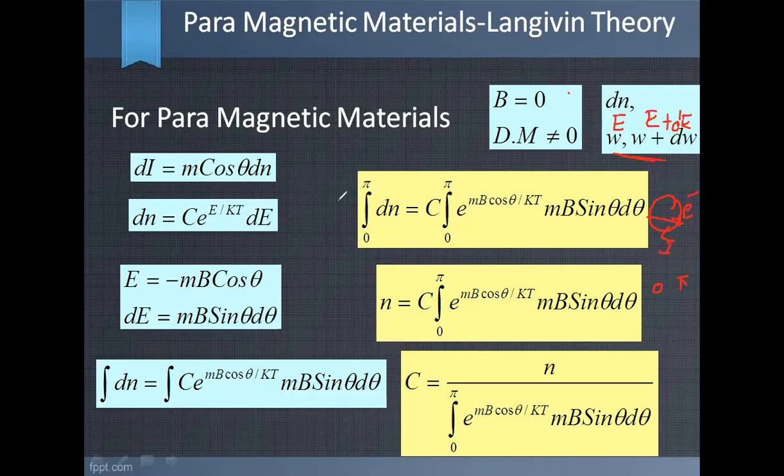Now I'm writing here dI, the change in intensity, which is equal to m cos theta dn.